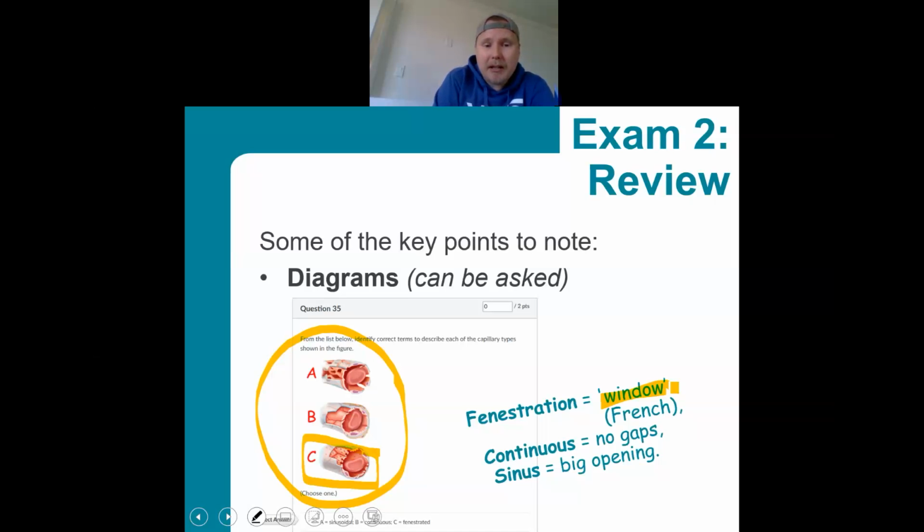Then we had another type, which was a continuous capillary. So there's no gaps whatsoever between the cells that form the lining of that. And finally, the sinusoidal capillaries, which have those big openings. Sinus is a big opening of something. So I was asking you to identify those on this picture. So that could be something that I do ask.